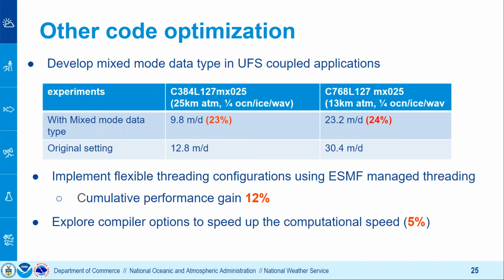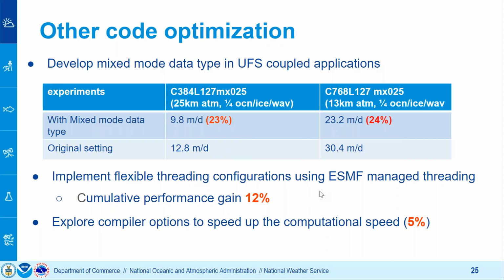MOM6 has to be 64. So thanks to GFDL, they made the updates in FMS, so it allows us to run in that mode in the coupled system. As you see, the time saving for the 25-kilometer application and the 13-kilometer application is about 20%.